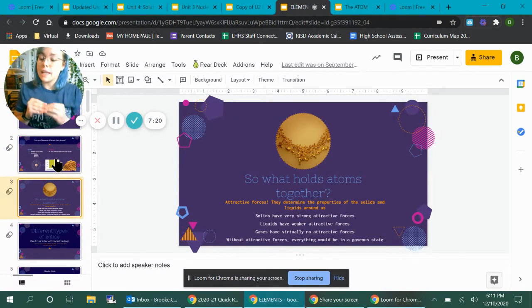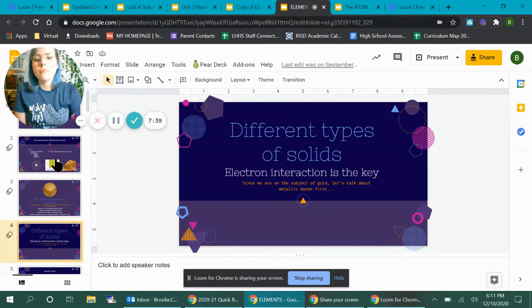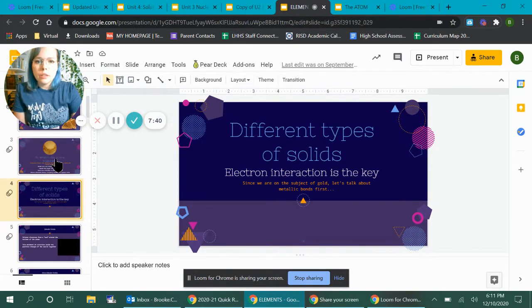So these atoms, to make elements, are held together by attractive forces. On a scale from solids to gases, gases have weaker attractive forces, right? Solids have the stronger attractive forces. That's why they stay solid.